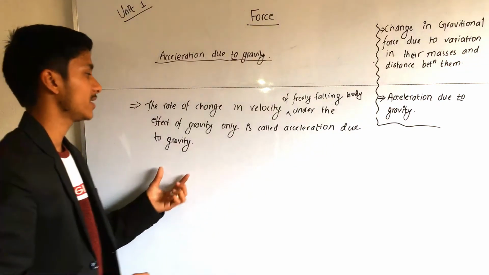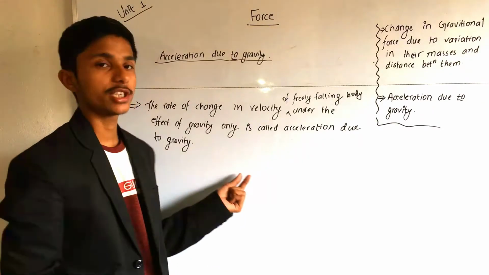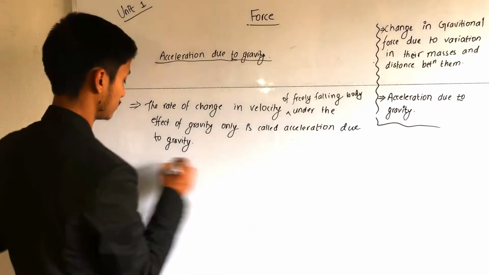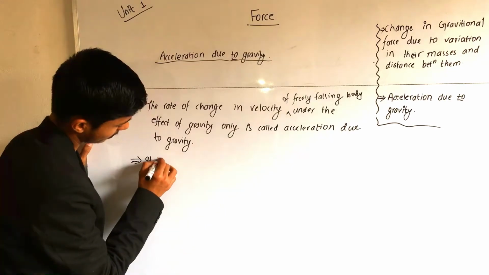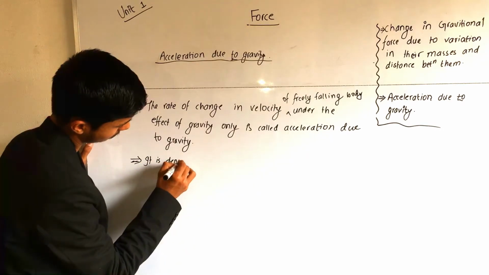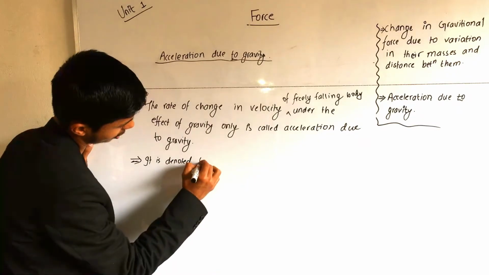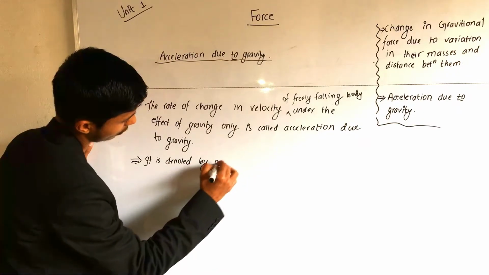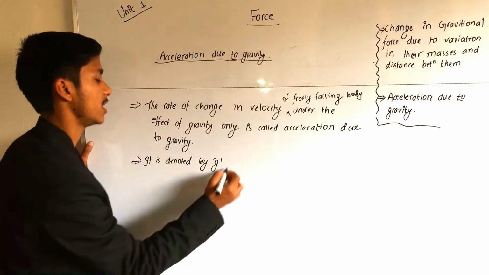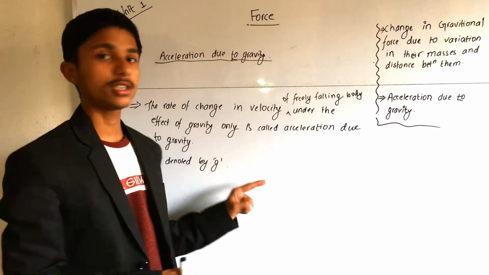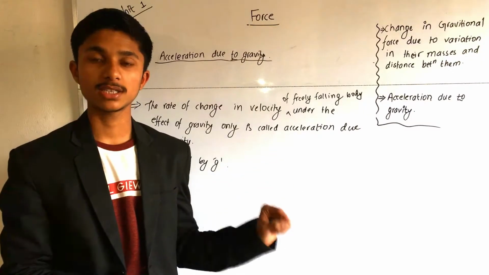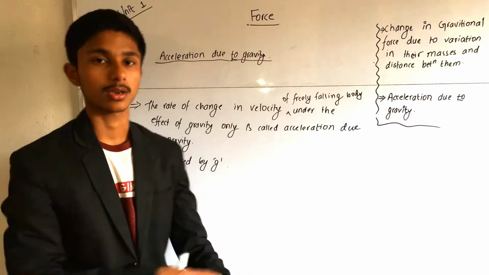And this is denoted by small g. Since this is the acceleration, its unit remains same, that is meter per second square.